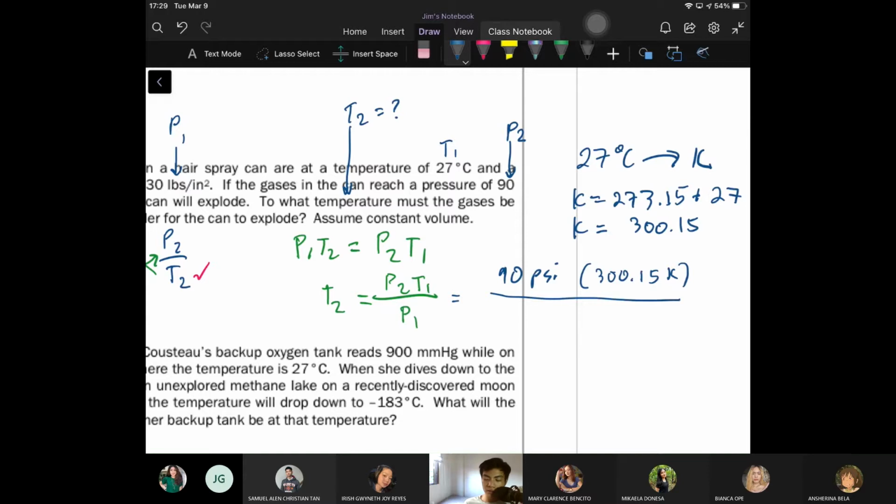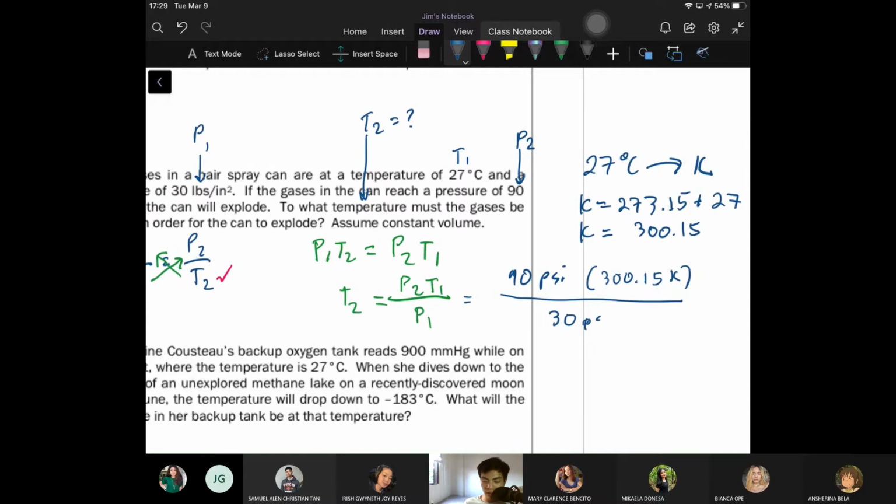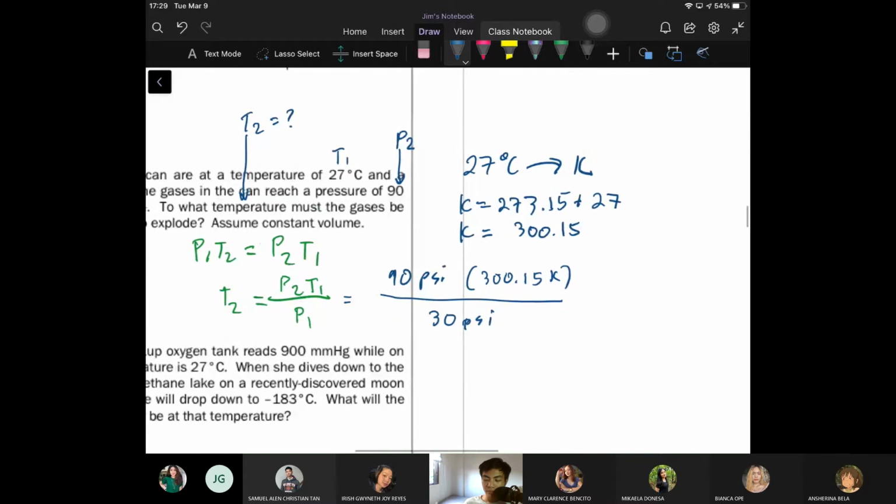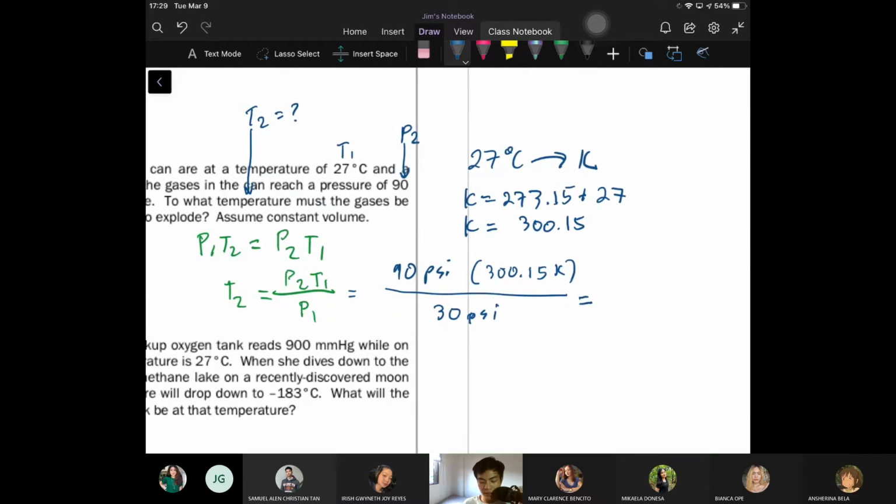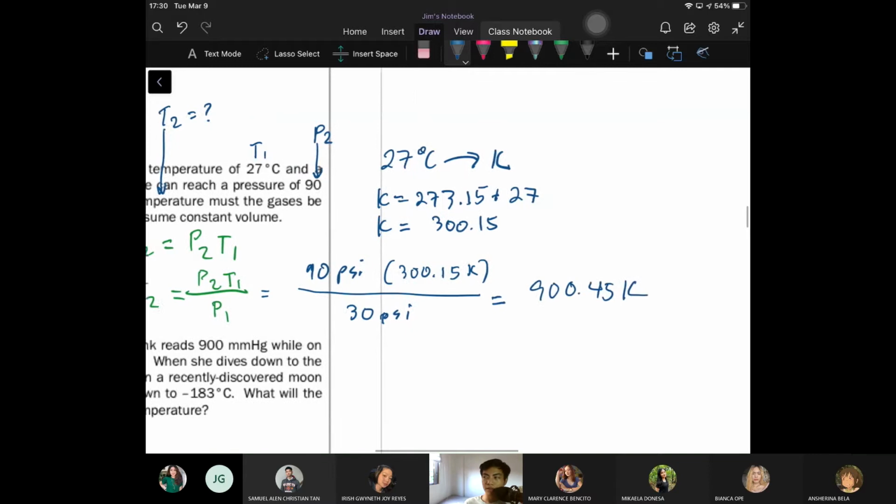According to the problem, that's 30 pounds per square inch. Okay, so solve natin yan. 90 times 300.15 divided by 30. So that's equal to 900.45 Kelvin. Laki na. Kelvin kasi.